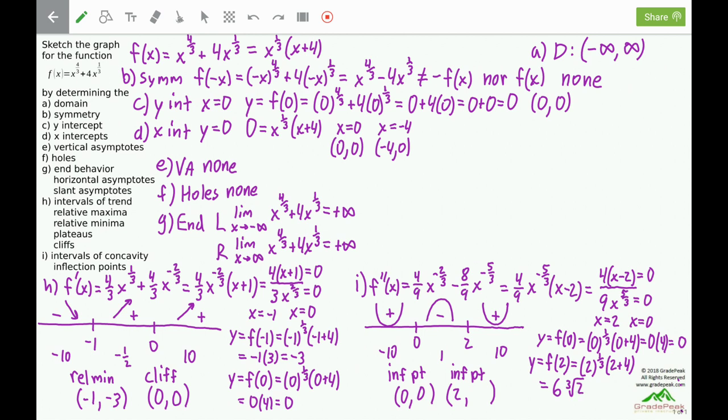Now 2 is not a perfect cube, so it will have to remain as cube root of 2. But we have 6 times the cube root of 2 as the corresponding y-coordinate. We can now draw the graph.